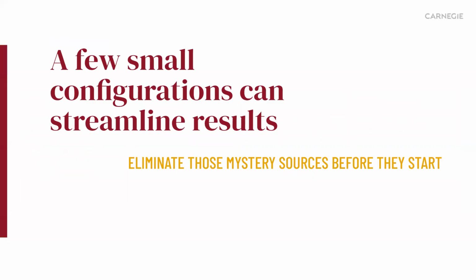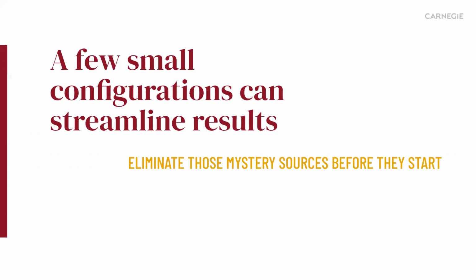Earlier on in this presentation, I mentioned that origin sources are one of the last things you build out during your implementation. But I also mentioned that there could potentially be a few mystery sources, those records that seem to appear in your system out of nowhere. If you think back to my sample query that showed records that don't have origin source, I had 71 records in that instance that don't have origin sources.